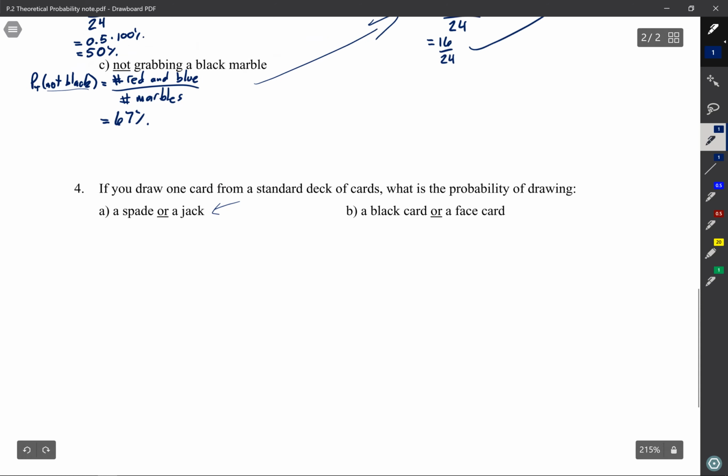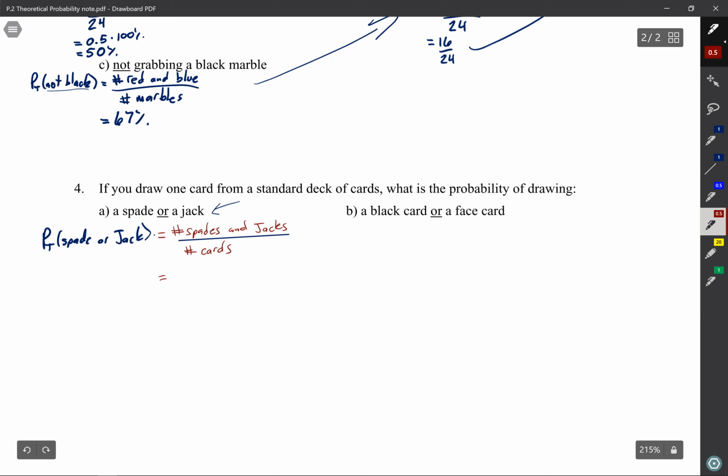So the first one, the theoretical probability of a spade or a jack. And actually, don't copy this here for a moment. I'm just going to show you what happens if we don't scroll up and take a look at our deck of cards. Well, I might say that the theoretical probability of drawing a spade or a jack is the number of spades and jacks divided by the total number of cards.